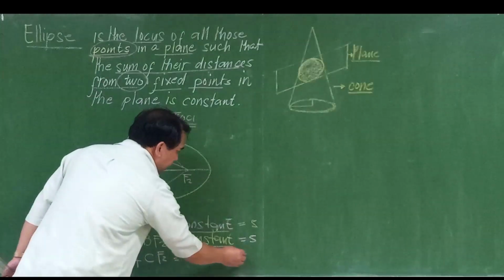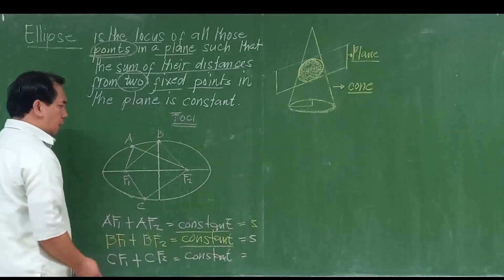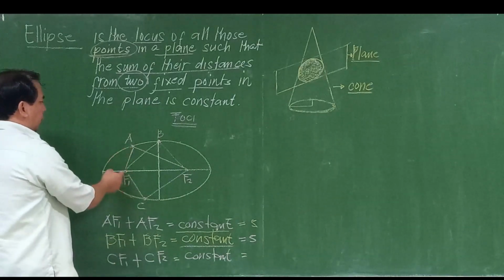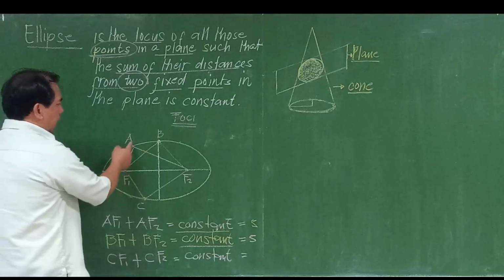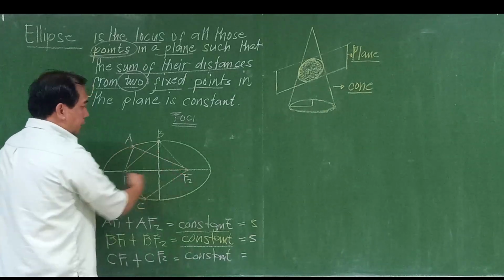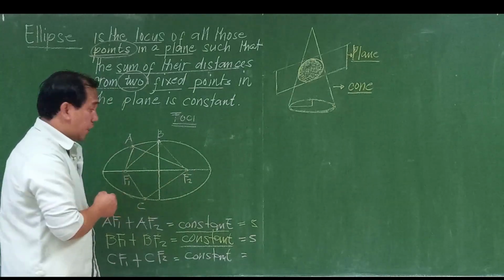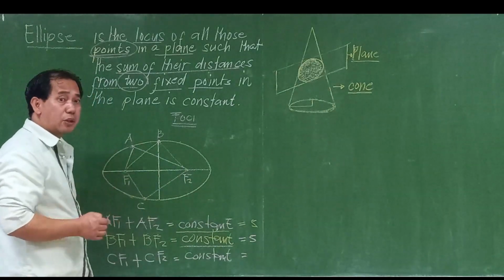Now, meaning to say, what is constant in there is that when we added point A to F1 and point A to F2, the result is 5. That 5 units is the constant we are talking about.